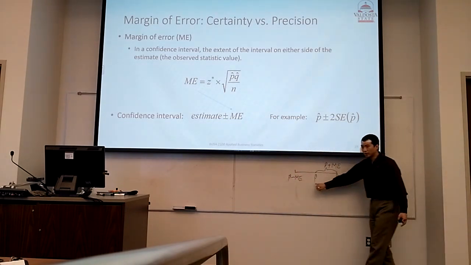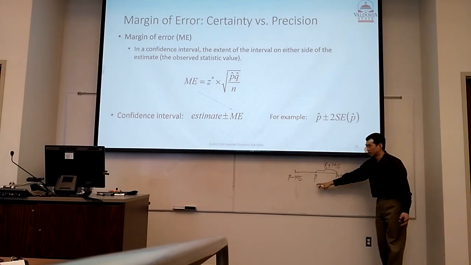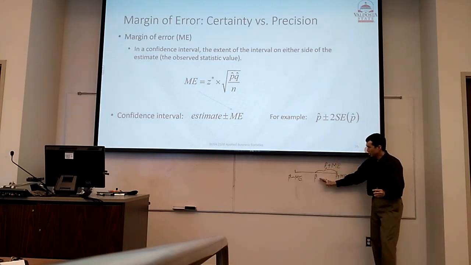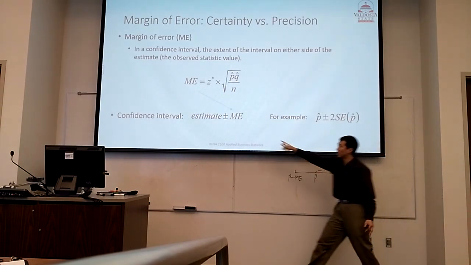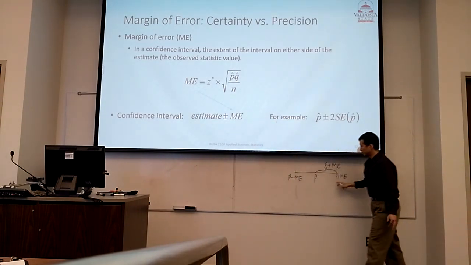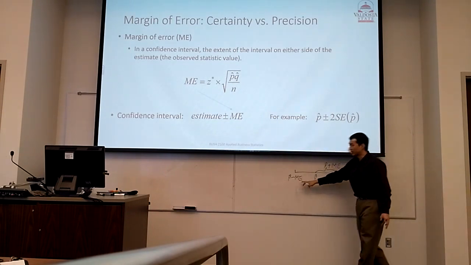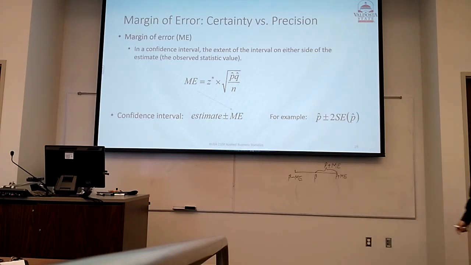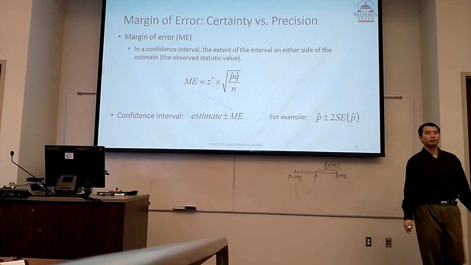So the center is our estimate or our sample statistic. From here we want to construct an interval. The upper bound of the interval is the p-hat plus this margin of error, and the lower bound is the p-hat minus the margin of error. And this is our confidence interval.